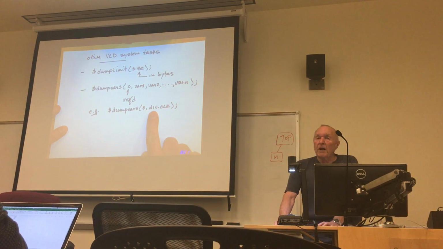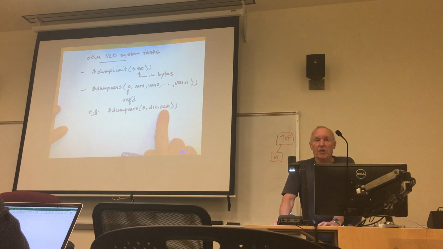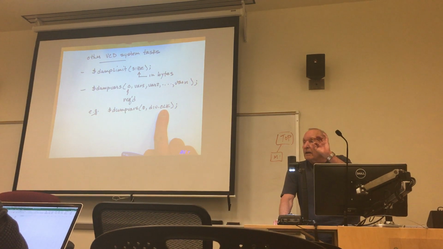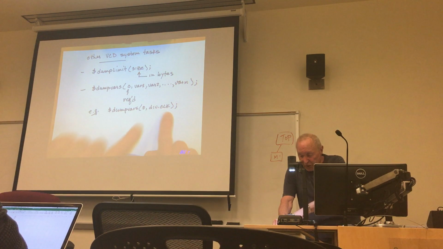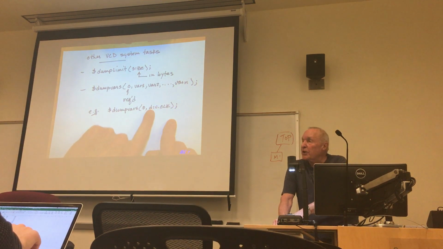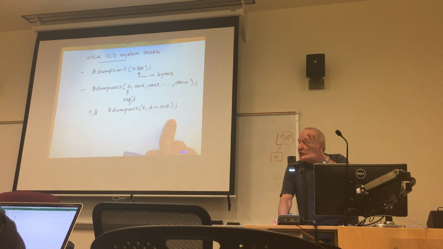In this particular module div, I've got a signal CLK, and so all I want to appear in the value change dump file is that particular signal in that particular module. So you don't have to dump all of the signal changes in a module, you can just pick certain signals and have those appear in the value change dump file, yeah.